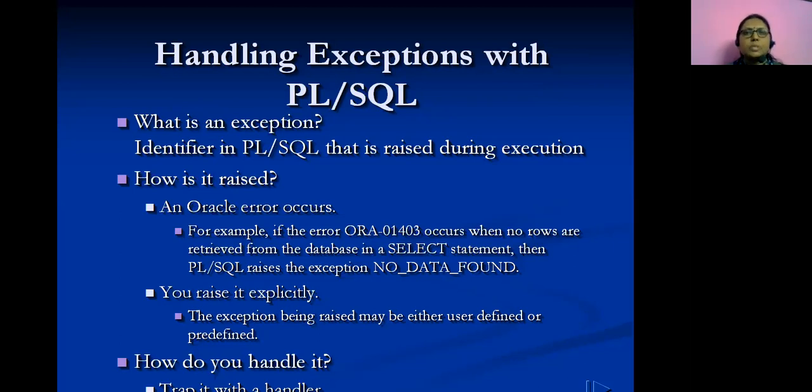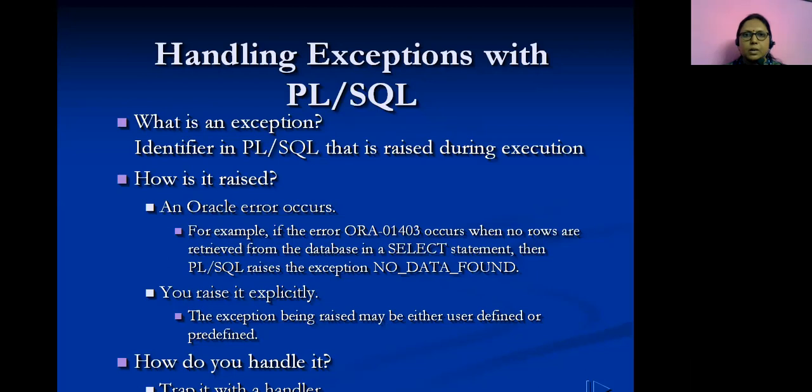Now, how are these errors and exceptions raised? In Oracle, when an error occurs, for example ORA-01403, what does it mean? There is no record. Whatever we are selecting, according to that selection, there is no record in the table.